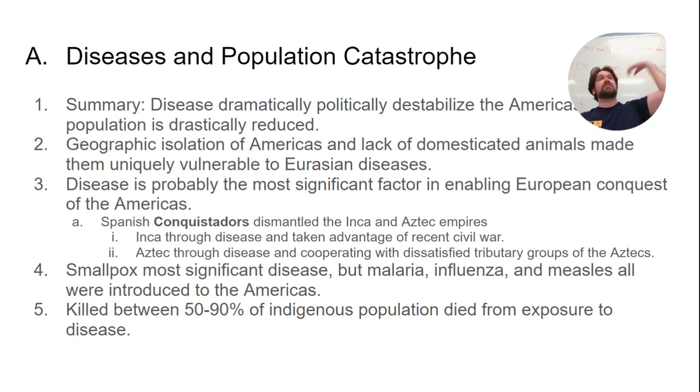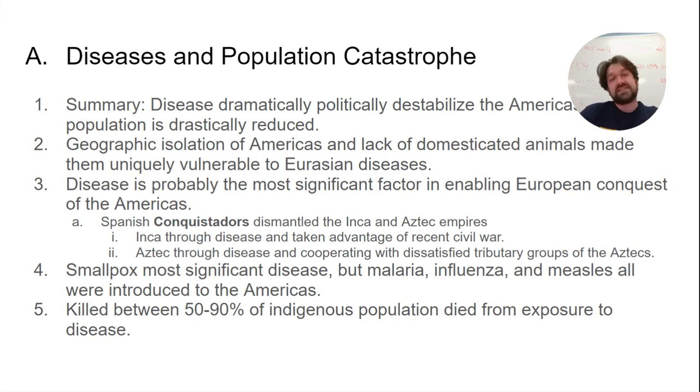And so Americans did not have those immunities that had been cultivated in the Afro-Eurasian population for the past 10,000 years. And so when Europeans arrive in the Americas, these diseases have an extensive destabilizing impact on the polities and populations of the Americas to a significant extent.